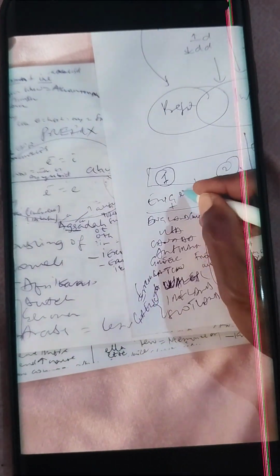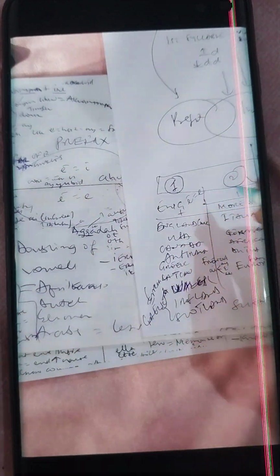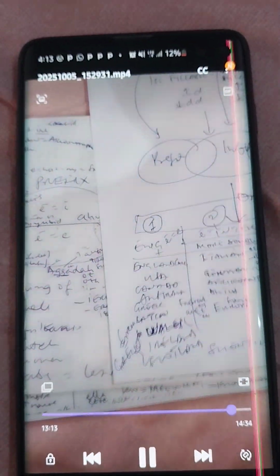So E is usually for here. This E is usually E, but here the E sound may be I letter. The same thing, the E sound is I letter.